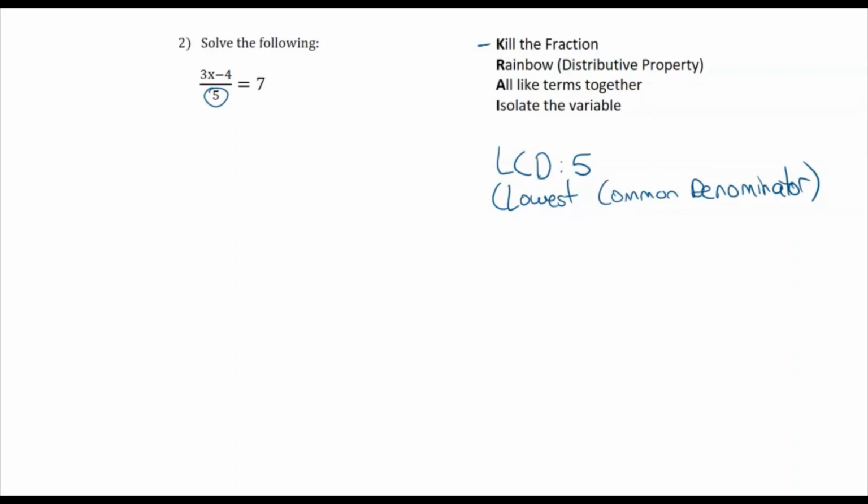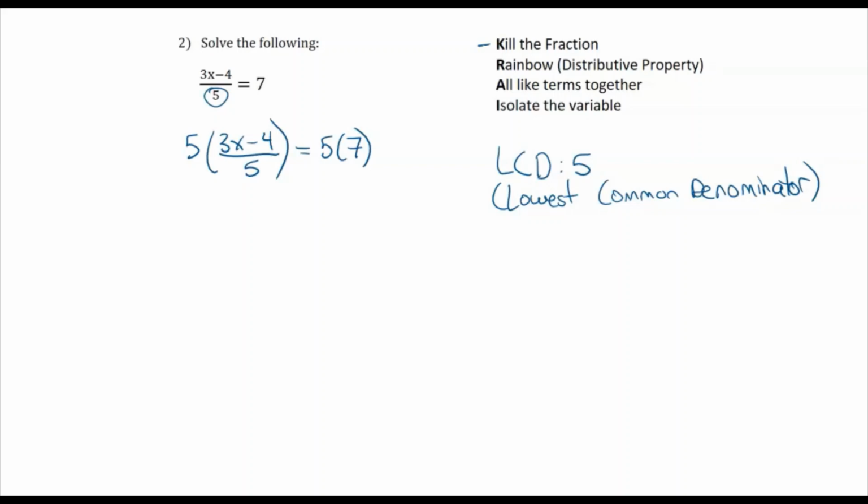So I'm going to multiply one side by 5. I'm just going to rewrite it here, 3x minus 4 over 5. And then on the other side, I'm going to multiply that by 5 as well. And what happens here, and you might be a little mystified, is the 5 is going to cancel out with the 5 below it. But the reason that happens is actually because the order of multiplication and division doesn't matter.